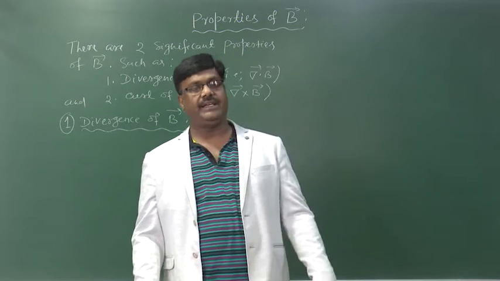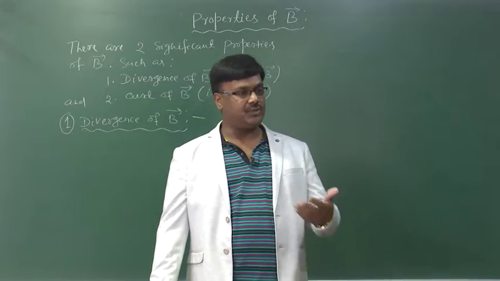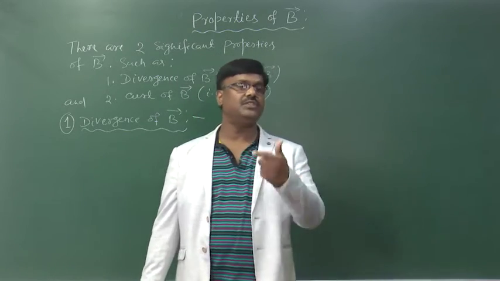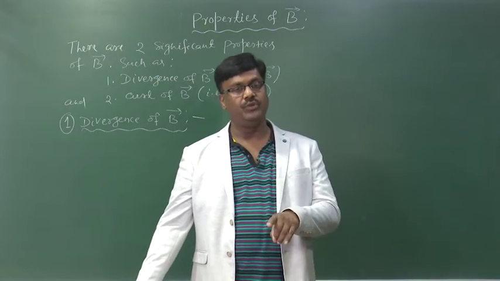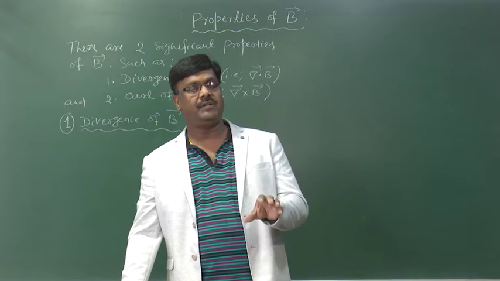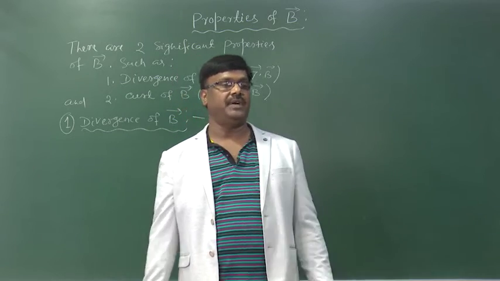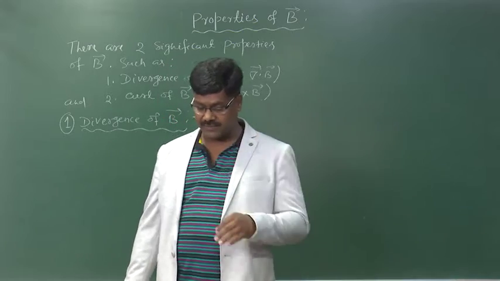Every magnet has two equal opposite poles separated by a small distance apart, and that distance is your magnetic length.